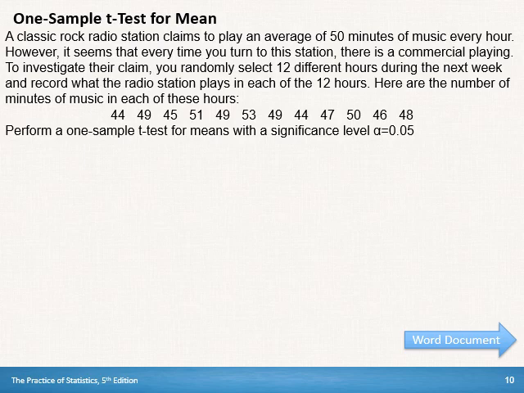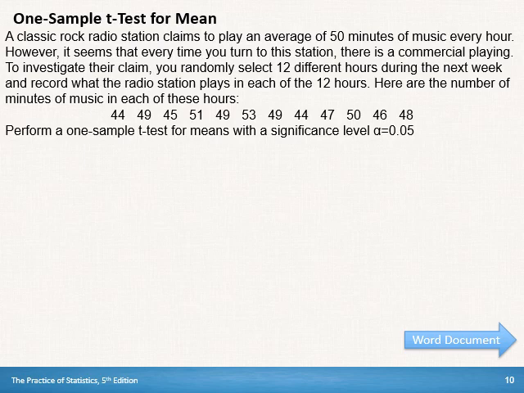To investigate their claim, you randomly select 12 different hours during the next week and record what the radio station plays in each of those 12 hours. Here are the number of minutes of music in each of these hours. So we have 12 data values. It's the number of minutes for each of the randomly selected hours that the radio station plays.